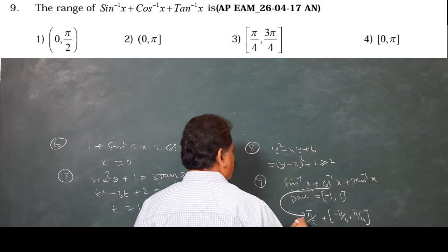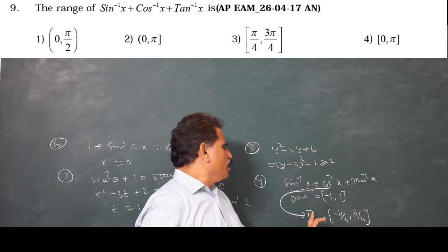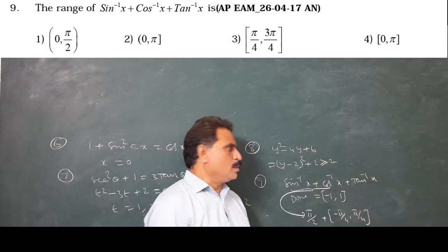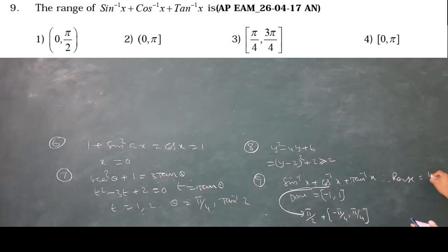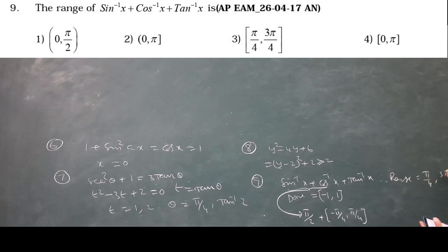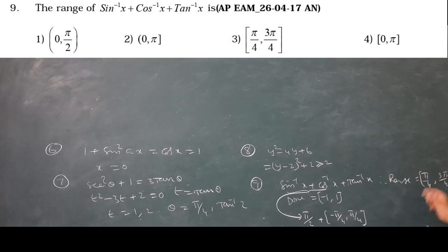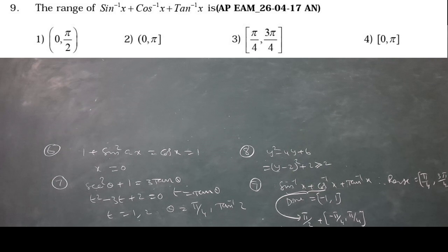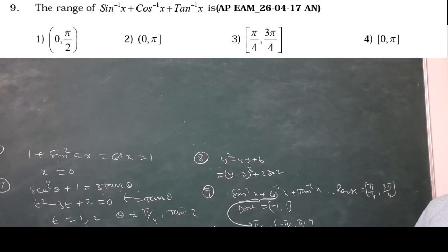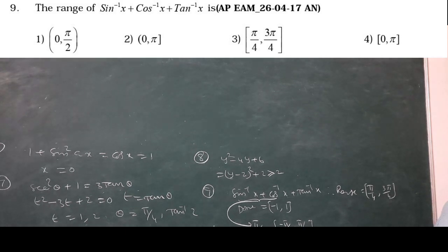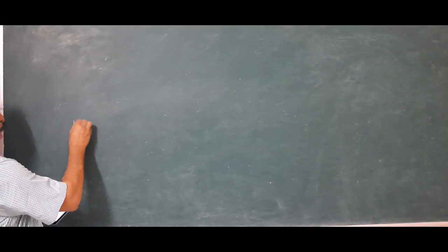Therefore the range is pi by 4 to 3 pi by 4. So the third option.